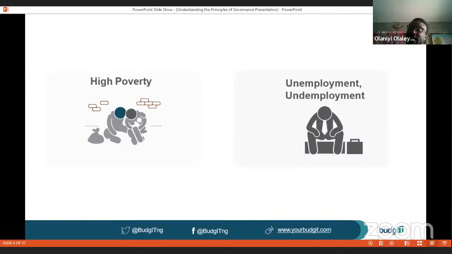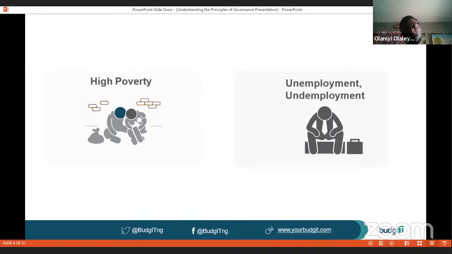That means over 80 million Nigerians cannot afford 400 naira a day for a meal. An average person in Nigeria cannot afford 400 naira. If you look at the population of Nigeria, over 200 million, over 80 million of them will not be able to afford 400 naira, which is about $1.